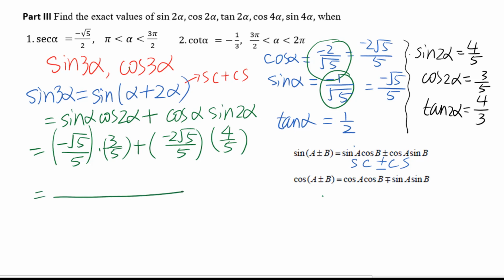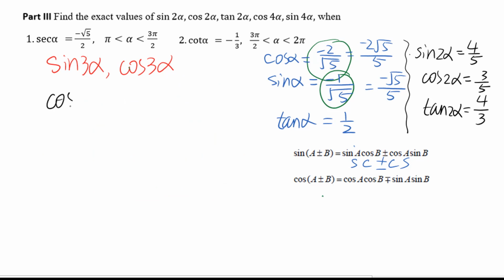Your denominator will be 25. Your top, here 3 times negative square root of 5 is negative 3 square root of 5. Negative 2 square root of 5 times 4, that is minus 8 square root of 5. So we simplify, that is negative 11 square root of 5 over 25.